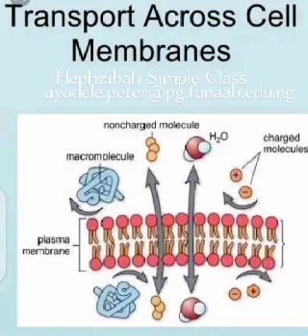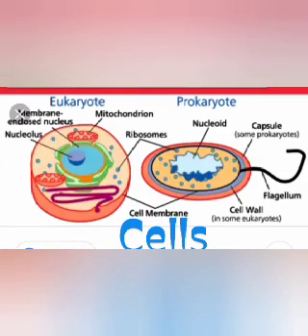Today, I will be talking on transport of molecules across cell membranes. A cell membrane acts not only as a barrier, but also allows required substances to enter into a cell and cell products to leave the cell, as it controls the movement of substances into and out of the cell, while preventing entrance of harmful substances and exit of essential substances.